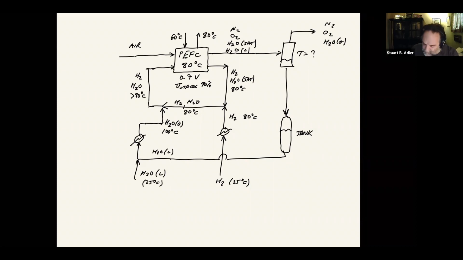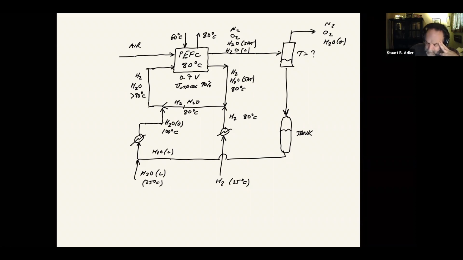Okay, so here's the other issue. We're producing water. We're leaving with saturated H2O. In theory, depending on the situation, all the H2O that's leaving our fuel cell could be water that we make.